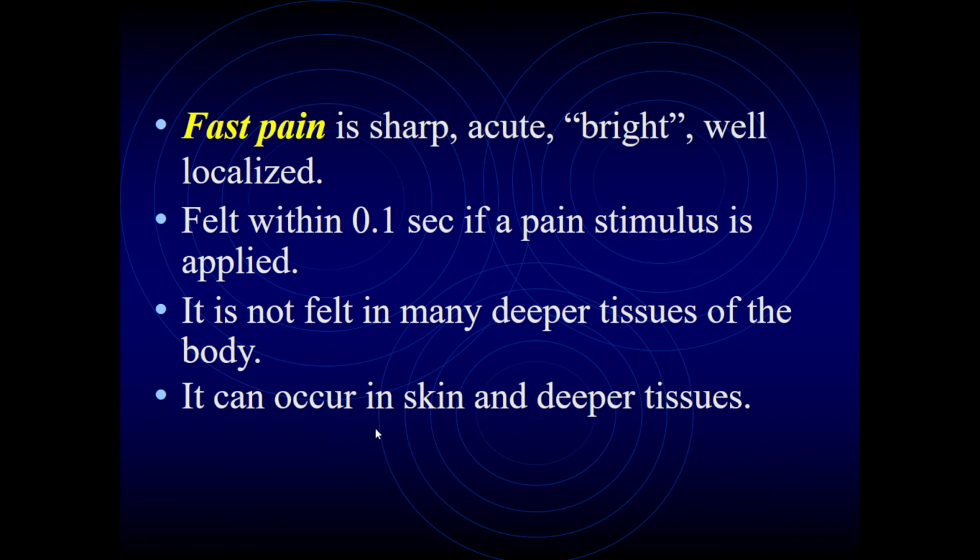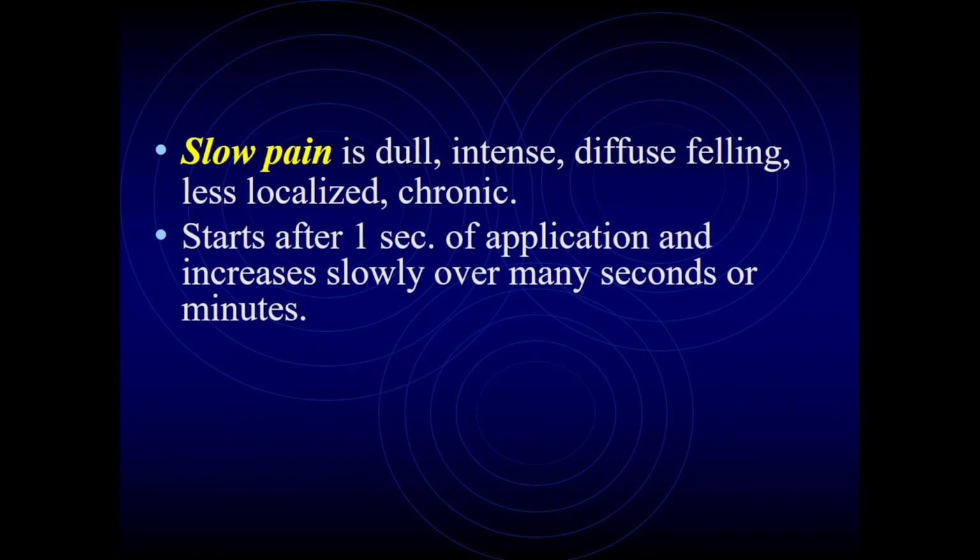It can occur in skin and deeper tissues. Slow pain is dull, intense, a diffuse feeling, less localized and chronic. It starts after 1 second of application and increases slowly over many seconds or minutes.